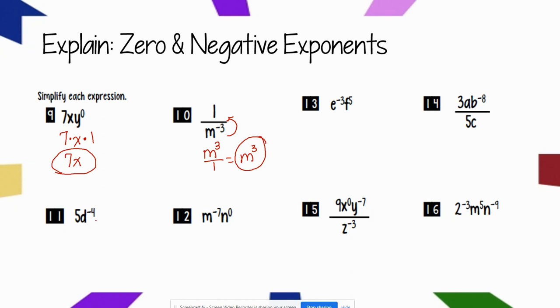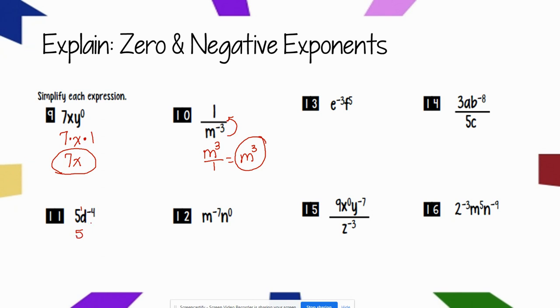For 5d to the negative fourth power, I want you to pay attention because this can be a little bit tricky. The negative fourth power is only on the d. It is not being applied to the 5 because there are no parentheses here showing that everything is being raised to the negative fourth power. So technically 5 has an invisible exponent of 1. Because 5 has that exponent, 5 does not need to be moved because that is a positive exponent.